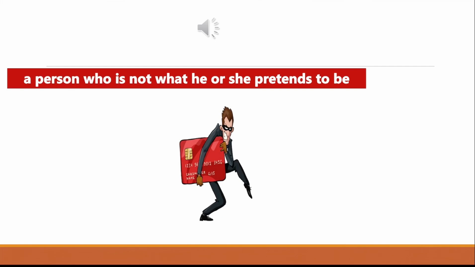The next word is, like you see here in the picture, a person who is not what he or she pretends to be. He's showing something, but he is another thing. Fraud. So he's a fraud, okay? He's cheating. He's not showing his real identity. So he's a fraud.